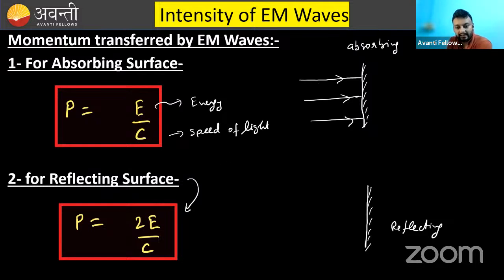And you know that E in the previous slide we have calculated as E equals I A T. You can place this value, so P equals I A T over C. Clear? P is momentum.